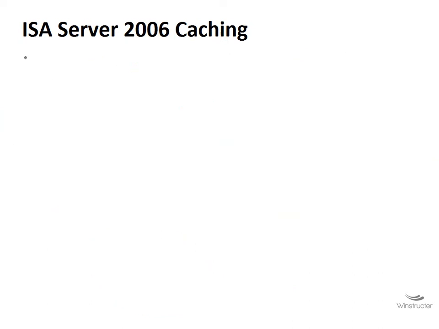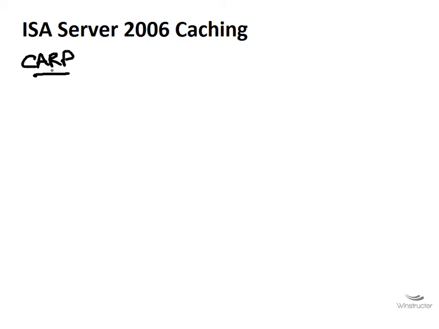Now, the caching feature of ISA server takes advantage of the CARP protocol, which is a hash-based protocol that allows multiple proxies to be joined together in an array, so all of your proxies can work together and present a single logical cache. Now, your ISA server can also take advantage of hierarchical and distributed caching.